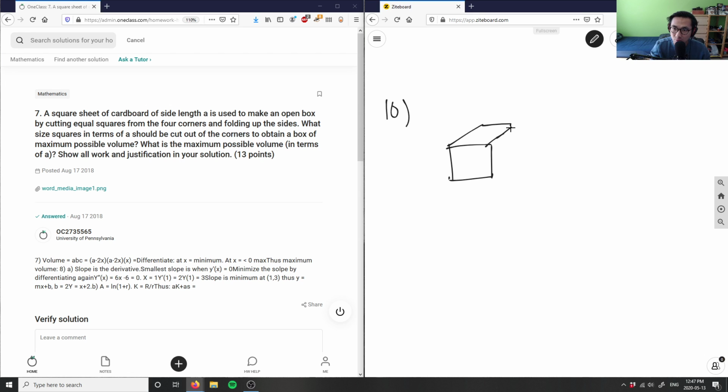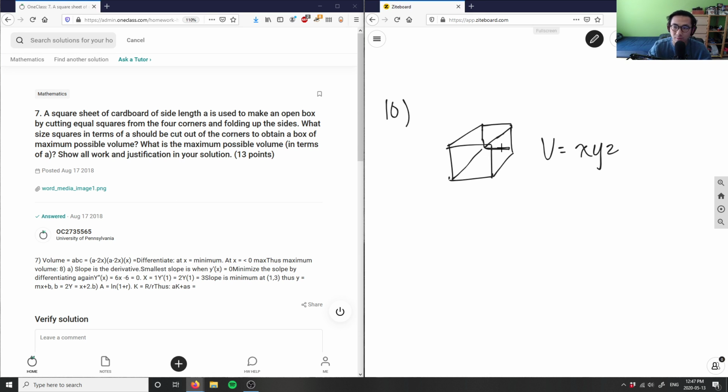Let me just draw out my box, and it's actually an open box, so this top cover is open. For a box, I want a volume. The volume of a box is simply x times y times z, or a times b times c, it doesn't really matter what you use.